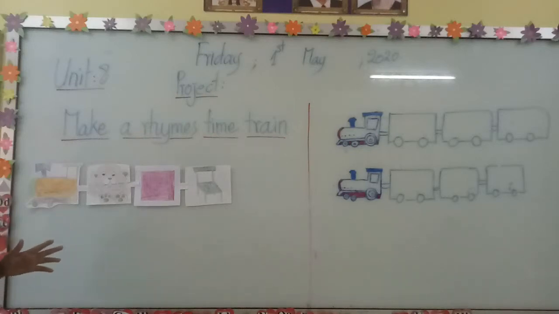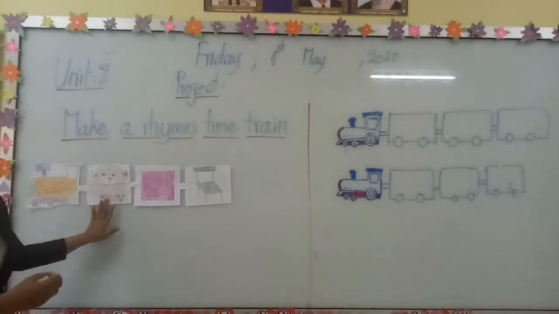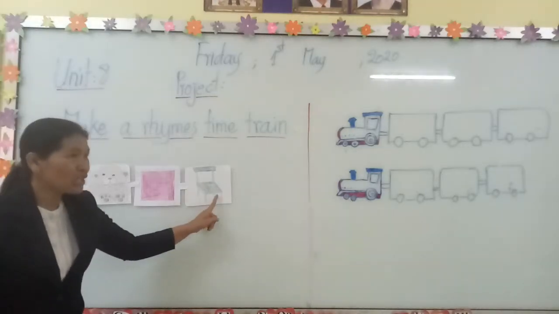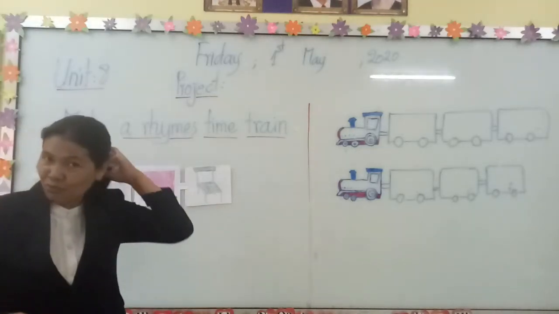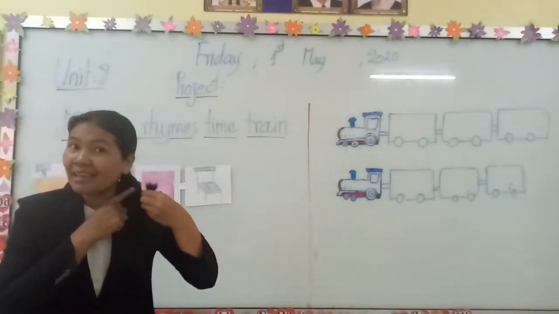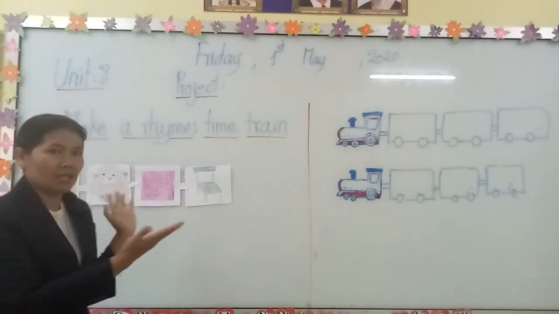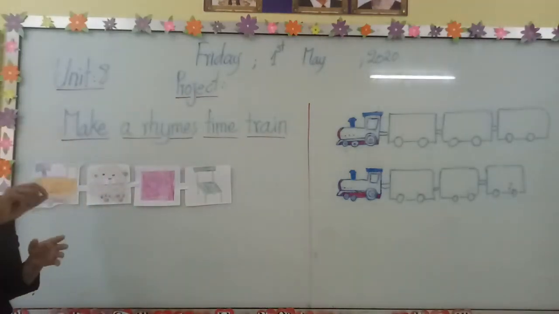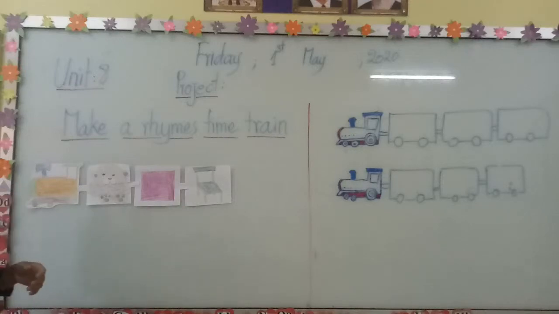This one is a train. We have the rhyme time on the train: bear, square, chair. One more, we have the word, what is it? Yeah, hair, the same also. But teacher only gets 3. Teacher draws and colors only 3, alright?